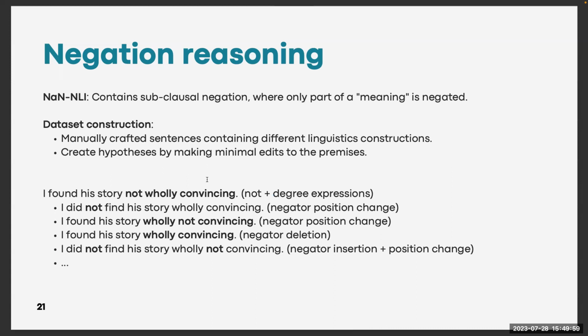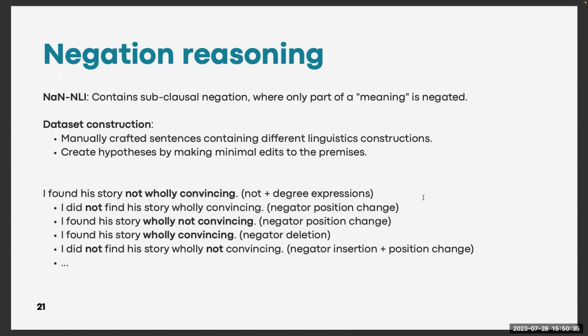And to correctly understand the meaning of this premise, I constructed different hypotheses by making a minimal edit to the premise. As you can see, for this sentence, if you switch the position of "not" into something like "wholly not convincing", it becomes a completely contradictory meaning.